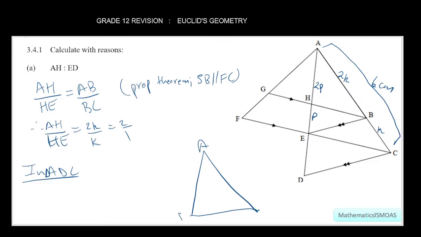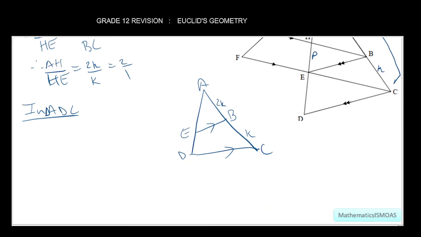In our triangle ADC, we have line EB, which is parallel to DC, and we have 2K and K. Therefore, we can find the ratio of AE to ED, then we can get the length of ED in terms of something.